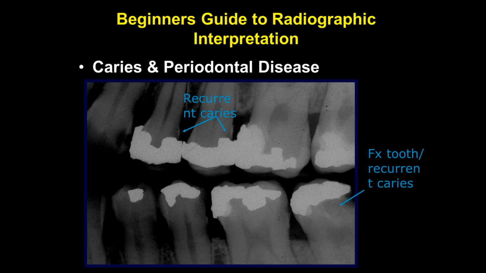We also look at this image here and we're noticing that this tooth looks a little different. So that should trigger your response to go look clinically to see why it is different. And then it would be charted on the patient's actual chart that the tooth is fractured.